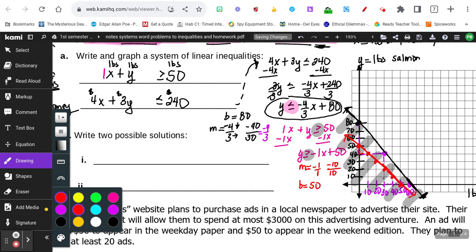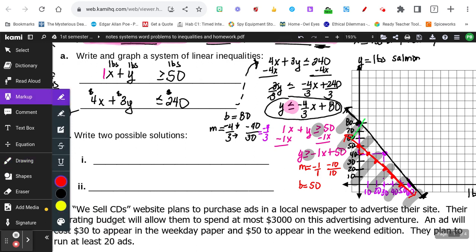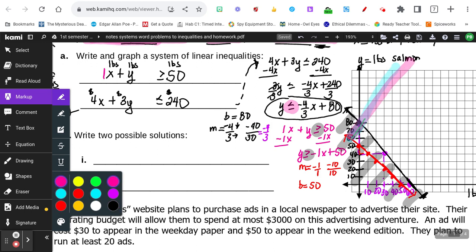But it says greater than, so shade above. Let me do it in pink. And just pretend like you don't see that black line. That's shading above that red line.